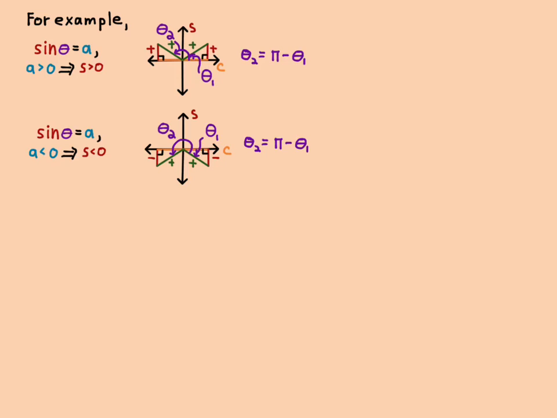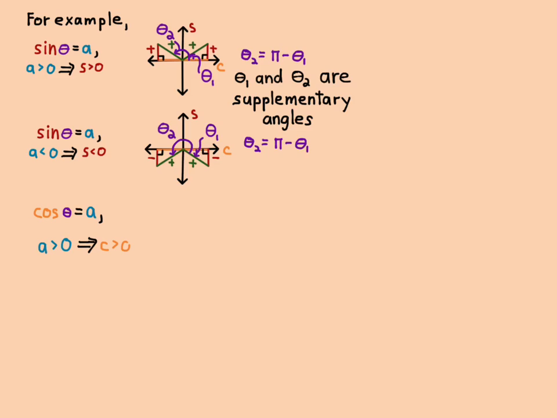So theta 2 equals pi minus theta 1. And you can just see that by drawing the pictures. I always draw the pictures, and then I don't have to memorize this kind of stuff. But whatever floats your boat, do whatever works best for you. So there's supplementary angles for sine.